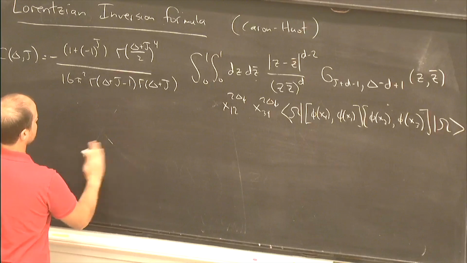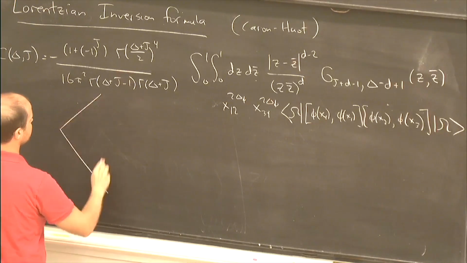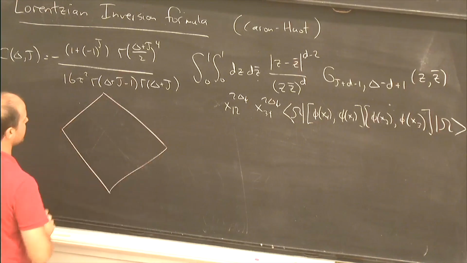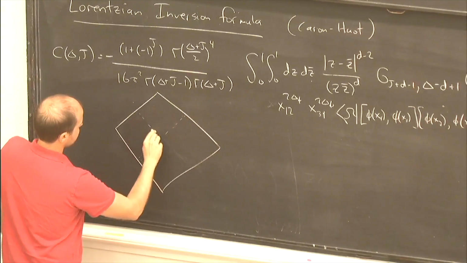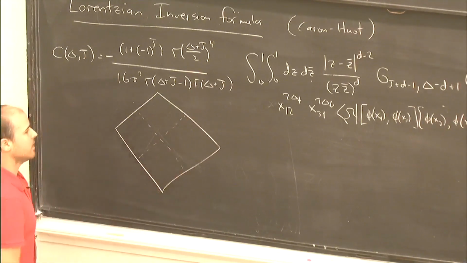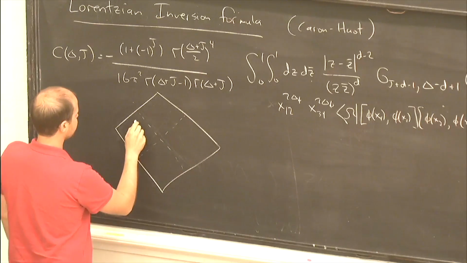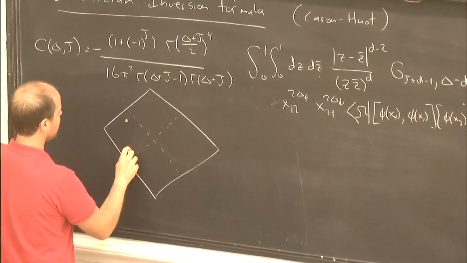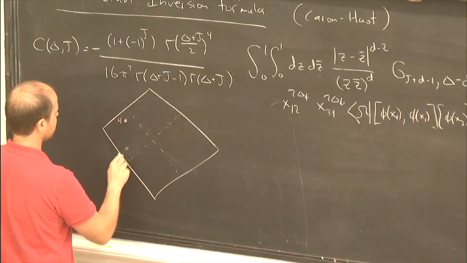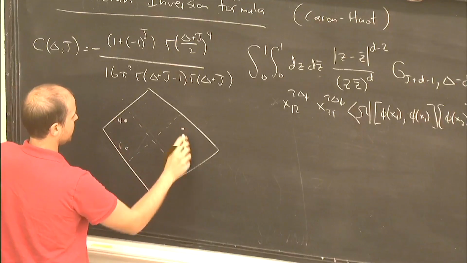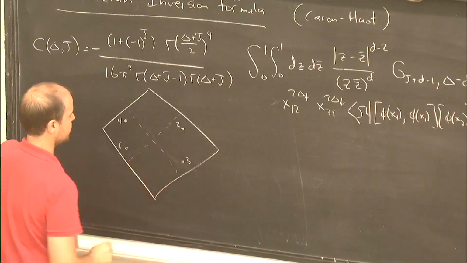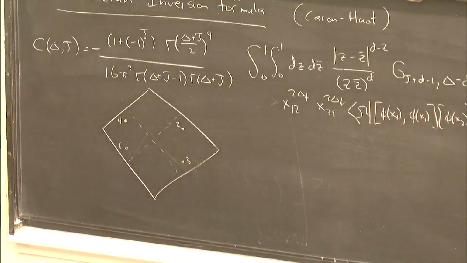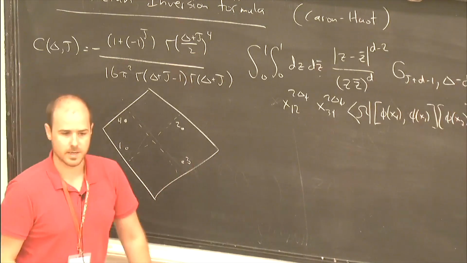Let me draw a Penrose diagram for Minkowski space. The situation you're supposed to consider is where the points 1 and 4 are timelike separated from each other, and the points 2 and 3 are timelike separated from each other, and all other pairs of points are spacelike.